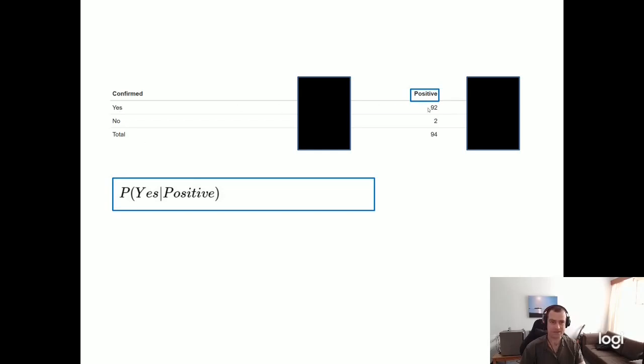What's the probability of yes? Well, it's going to be 92 over the total, which is now 94. So 92 out of 94 is going to be 0.9787. So about 98% chance that you really did have the virus, given that you initially tested positive.